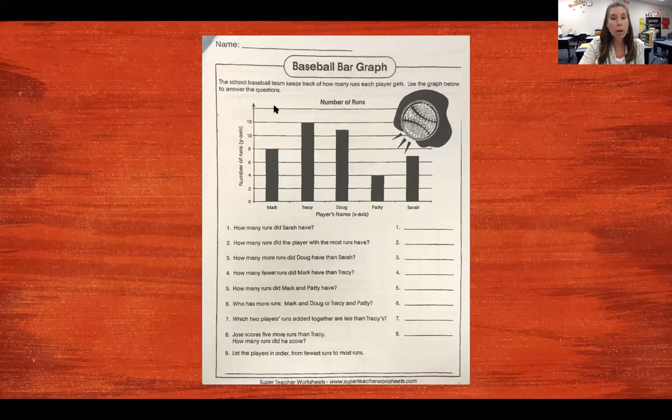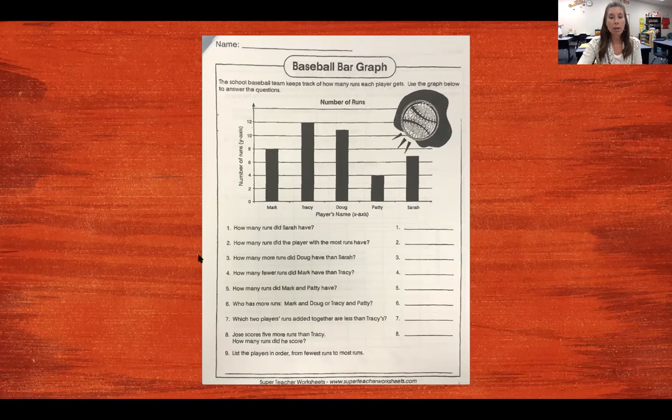Use the graph below to answer the questions. The graph is already done for you. You've got all your information. We have the number of runs on the y-axis here with the scale that goes up by 2s. We have the players' names on the x-axis. We have Mark, Tracy, Doug, Patty, and Sarah.